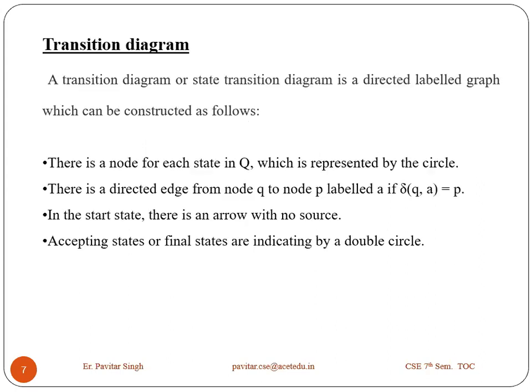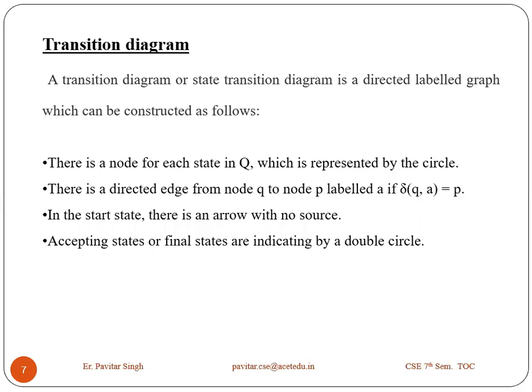So the next definition is for transition diagram, right? A transition diagram or state transition diagram is a directed labeled graph which can be constructed as follows. First of all, you should know some basic terms.